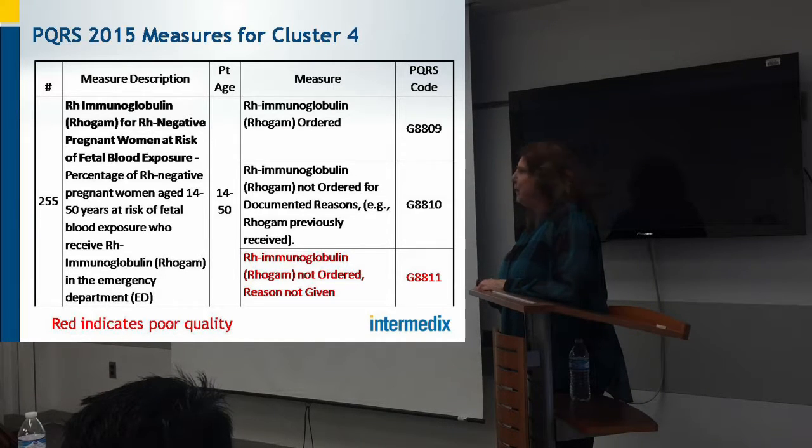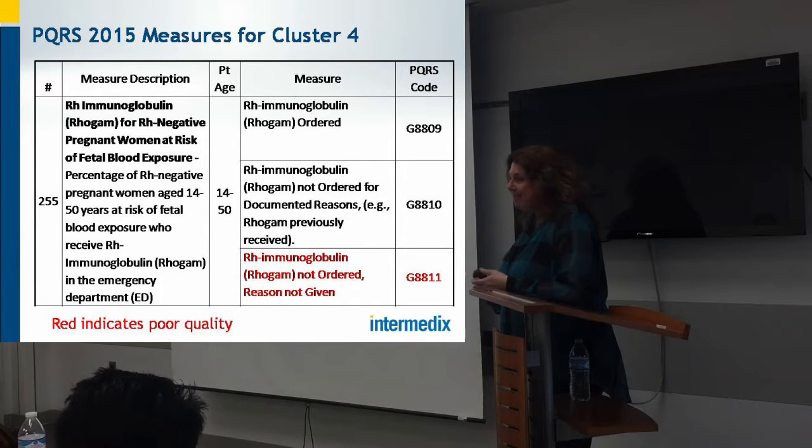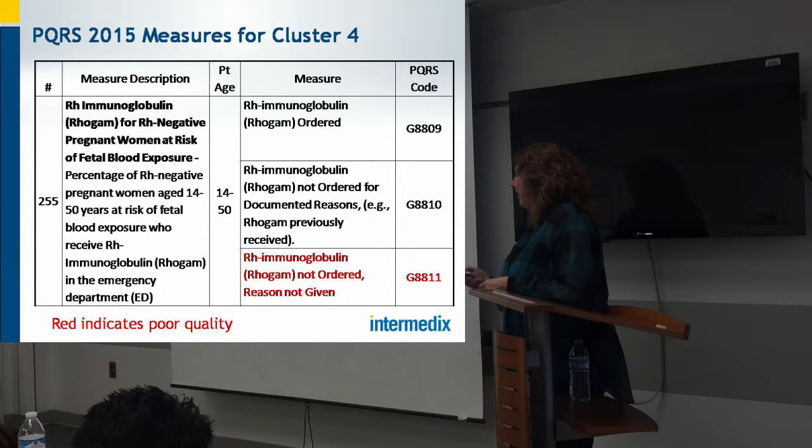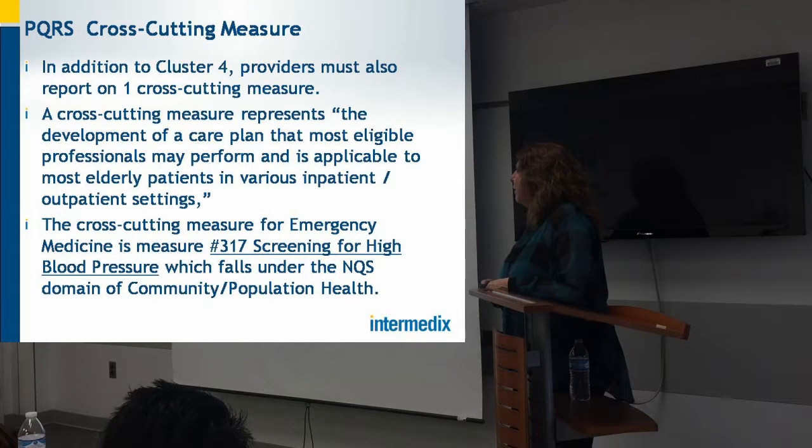Again, these are all Medicare patients, ages 14 through 50. Keep in mind that Medicare also covers some disabled patients, and so you actually can have pregnant Medicare patients. The volume is quite low, and we don't really see a whole lot of this. So I do want to mention those because if they do come up, we are reporting on those.